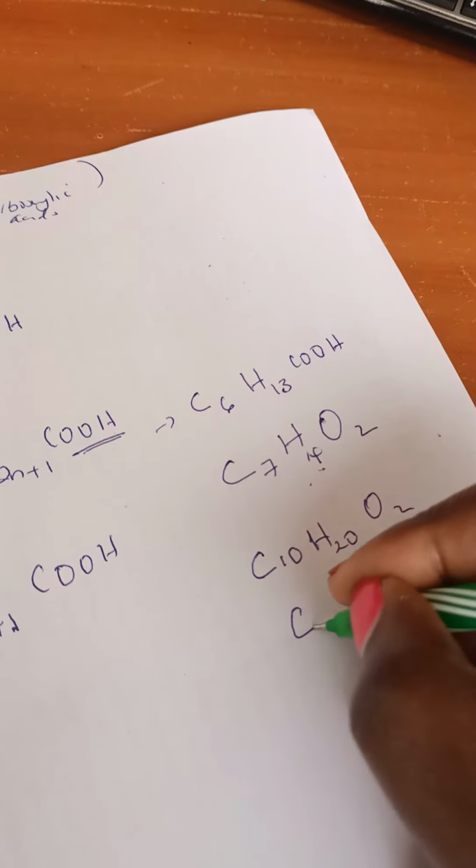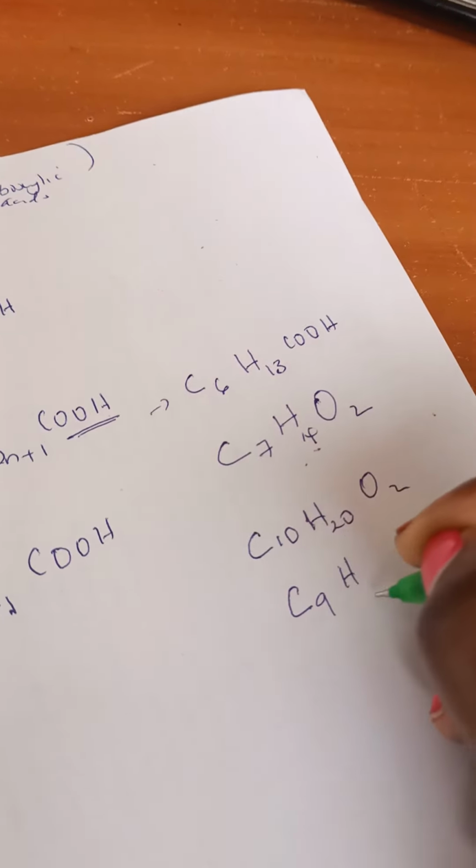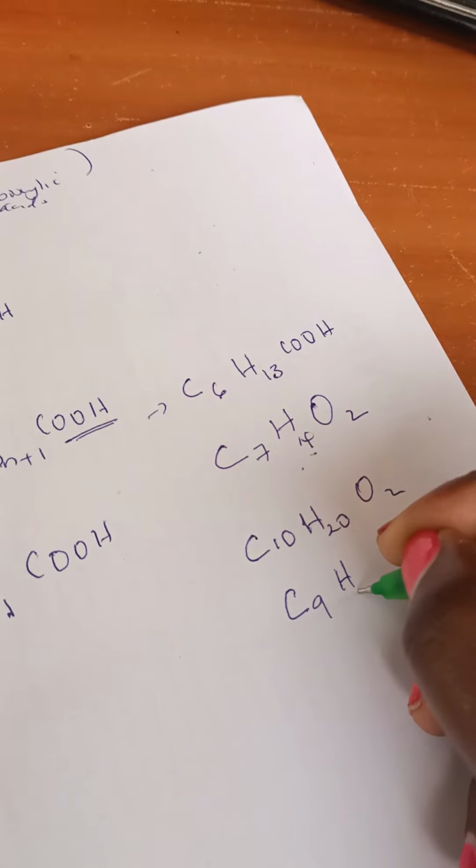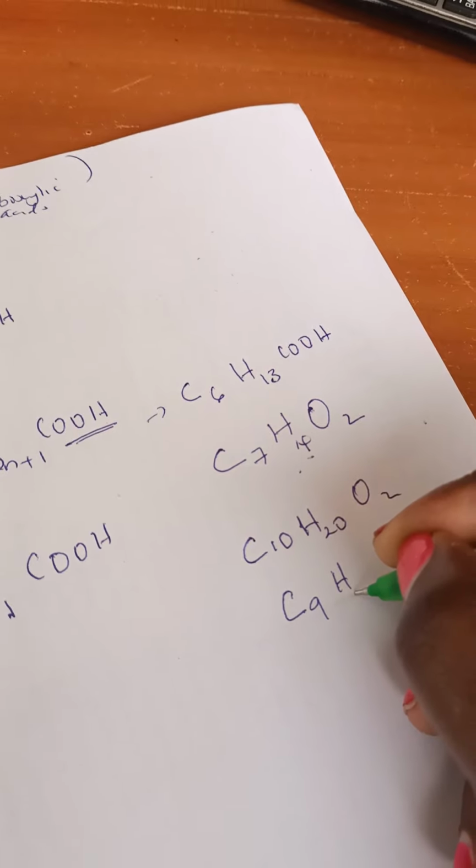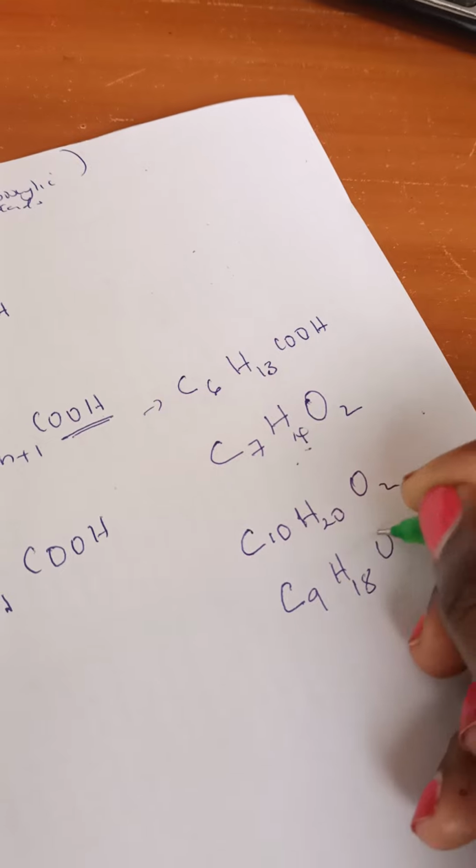When we have C9, H, 9 times 2, we get 18, O2.